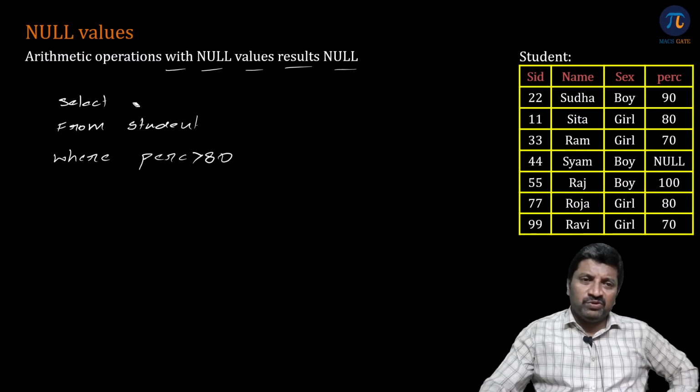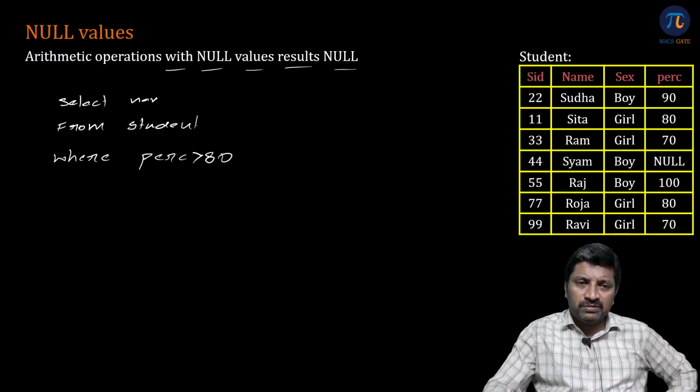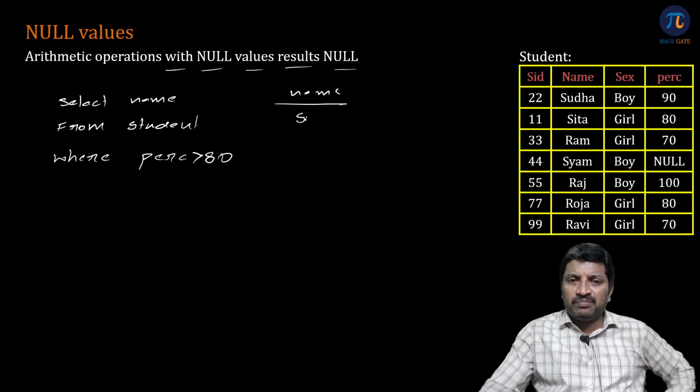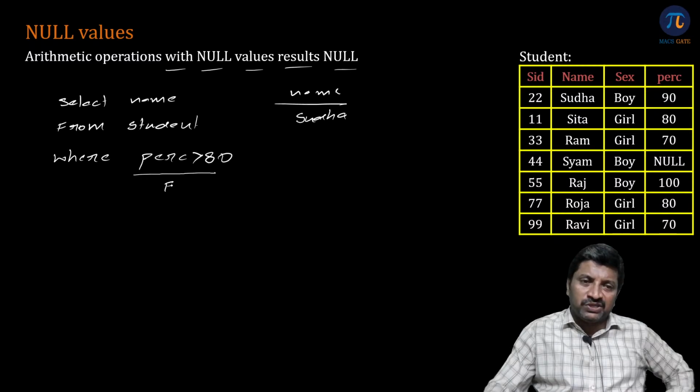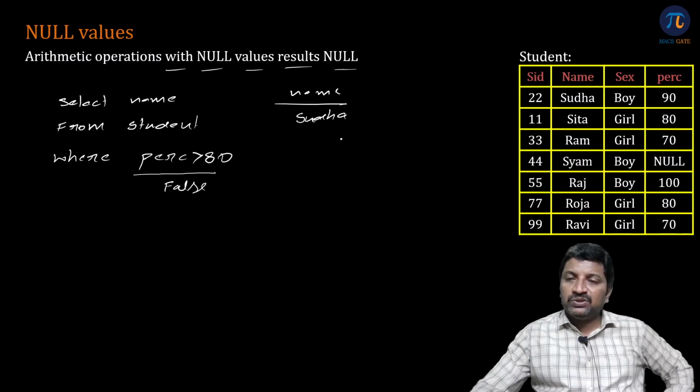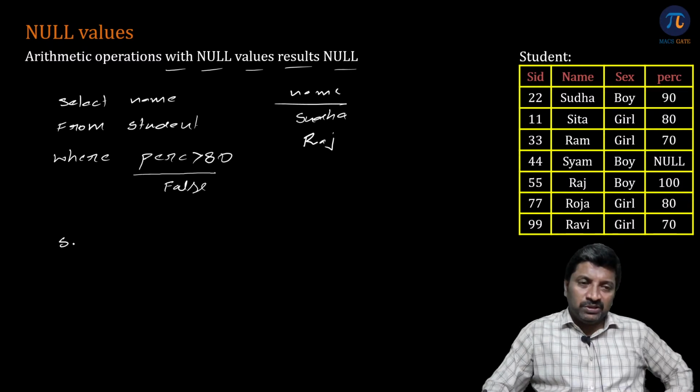I don't want to trouble you, sir, to write all the names, so let's have only names. Then the answer will be name. The first one has percentage greater than 80, sir. Second one, it's not greater than 80. Third one, not. For Sham, this result will give null, that is false. Whenever this is false, the corresponding record will not be selected. So Sham will not be displayed. Raj will be displayed. Anyone else? No, sir. So that is about the story.